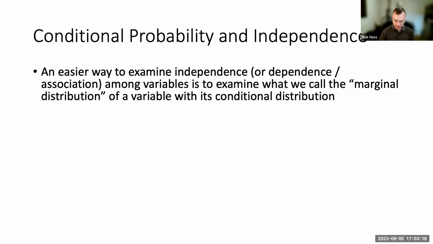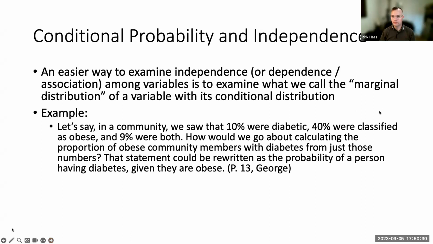Essentially, what we're doing with conditional probabilities is comparing the joint probability to what we call the marginal distribution of the variable, the distribution of the variable by itself. So let's get some information. This comes from page 13 of Dr. George's text. Let's say that in our community, we took stock of diabetes and obesity.